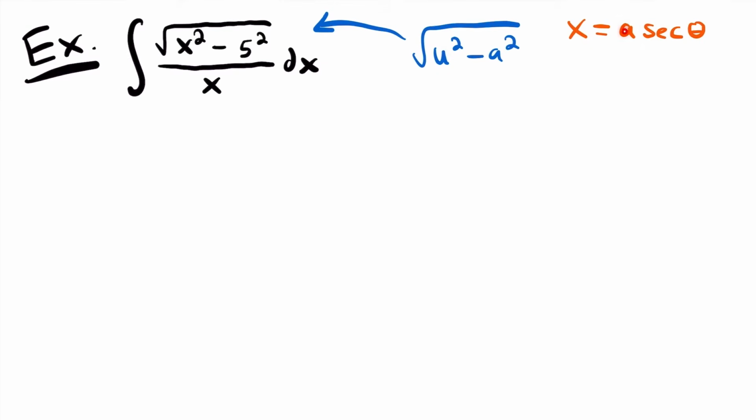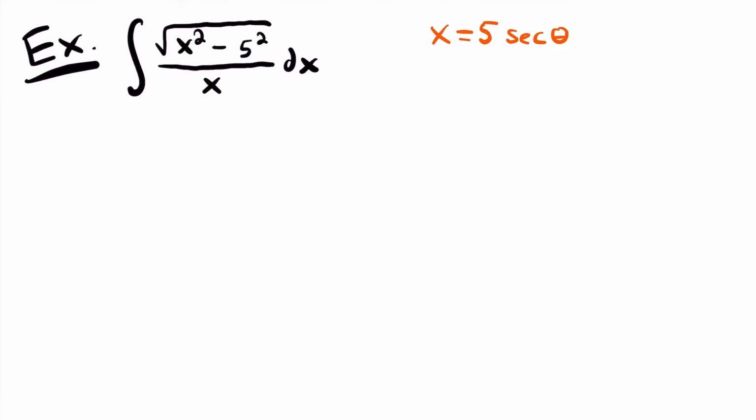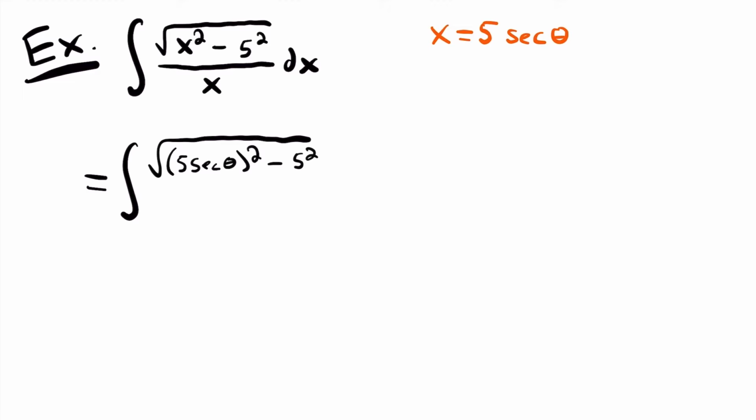Now in this case, a is going to come from our a squared term, which in this case is 5 squared, and so a is equal to 5, and so we're going to set x equal to 5 times secant theta. Okay, and so now let's replace x in our integral with 5 times secant theta. We will have that this is equal to the integral of the square root of 5 times secant theta squared minus 5 squared, or I'm just going to rewrite that to be 25 now.